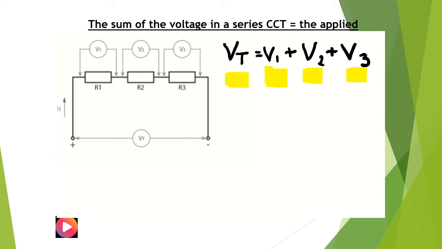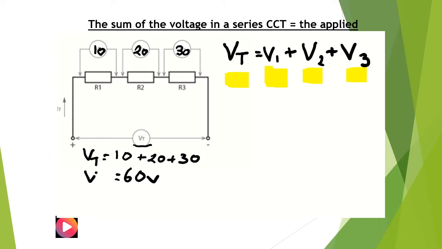What we're saying is simply that if this voltage here was equal to 10 volts, this was equal to 20 volts, and this was equal to 30 volts, the applied voltage here would simply be 10 plus 20 plus 30, and that equals 60 volts. Hence, we have managed to calculate VT.